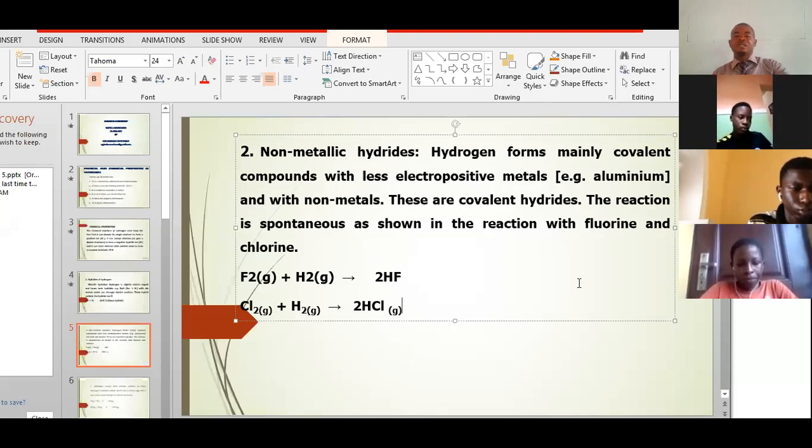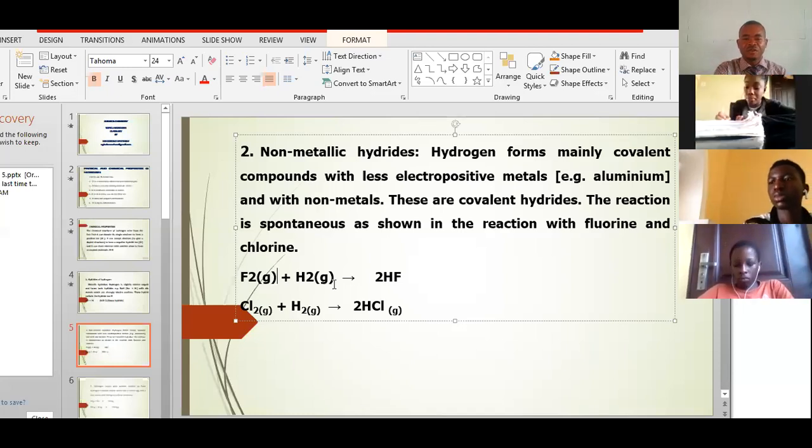But let's look at the reaction shown below. If you look at my balanced equation, I have 1 molecule of fluorine gas reacting with hydrogen gas to give us hydrogen fluoride. Hydrogen fluoride is an acid anhydride because it dissolves in water to give us an acid.